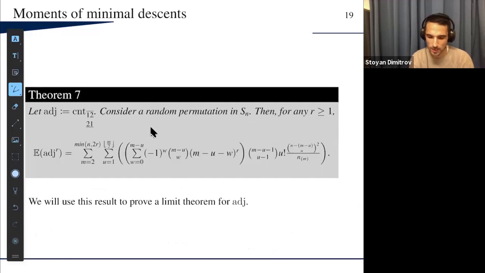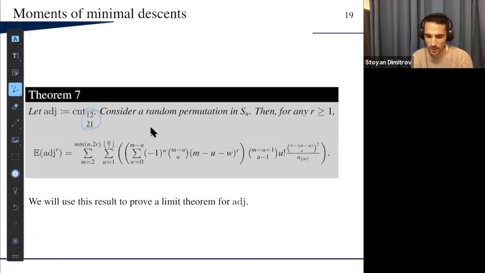And another similar result is this formula for the higher moments. It's an explicit formula for the r-th moment of this bivincular pattern, which, another name for this statistic is minimal descents. This is how it's known in the literature. Another name is the number of adjacencies.